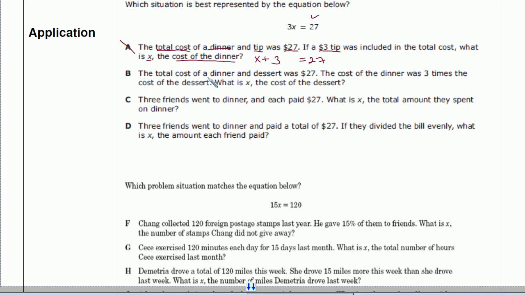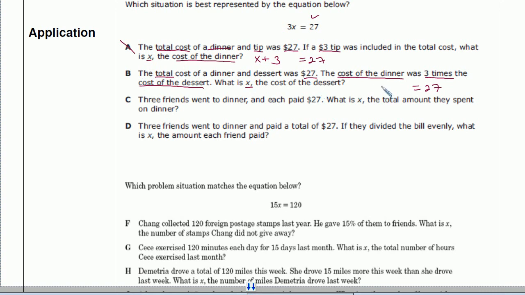B, the total cost of dinner and dessert was $27. Again, total equals 27. That word total right there tells you that that number is going to go on one side of the equal sign all by itself. And then they tell me the cost of dinner was 3 times the cost of the dessert. What is X, the cost of the dessert?